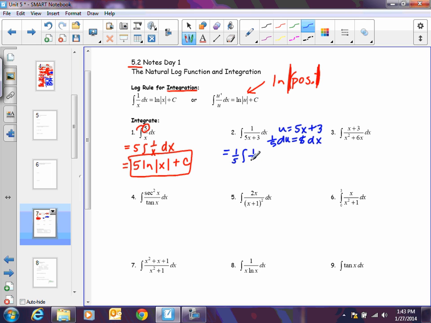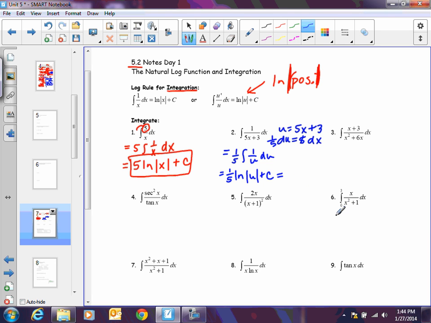This becomes 1 over u du, which, just like the last problem, is natural log of u, again, u in absolute value bars. And I'm not done, though, because I started with x's, I need to end in x's. The only exception would be like problem number 6 where you have numbers.